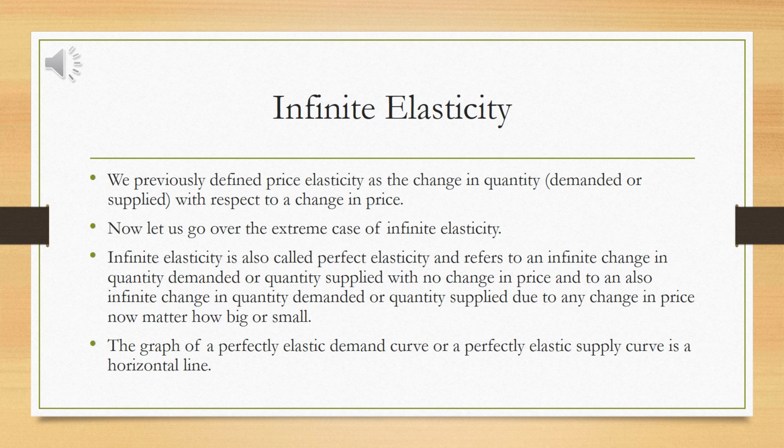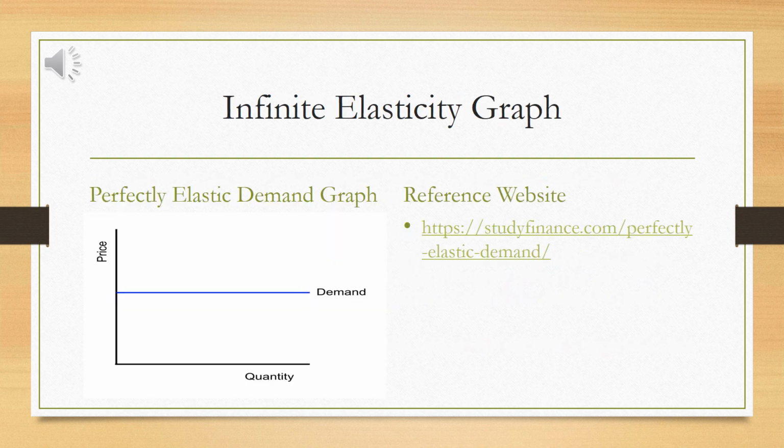The graph of a perfectly elastic demand curve or a perfectly elastic supply curve is a horizontal line. This perfectly elastic demand graph shows how quantity demanded is increasing indefinitely while the price is staying the same.